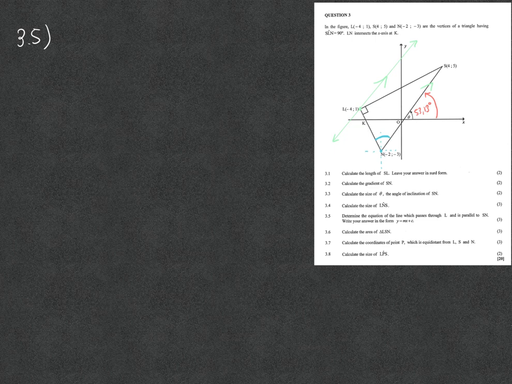So what do we know about parallel lines, ladies and gentlemen? We know that parallel lines have the same gradients. So immediately for this equation of this line, we know that it's got a gradient of, what was Sn's gradient? 4 over 3. So 4 over 3x plus c, and then we know it's going through L, so we can sub in L minus 4 and 1, and then we can solve for c.